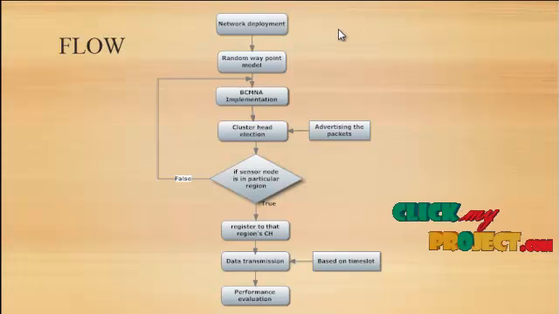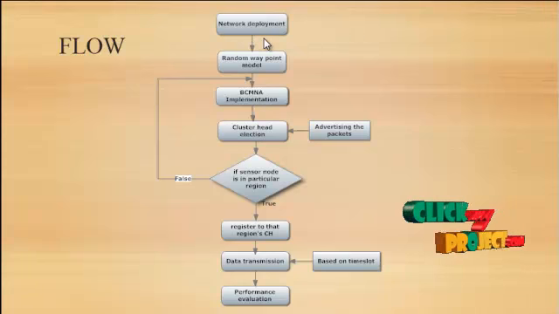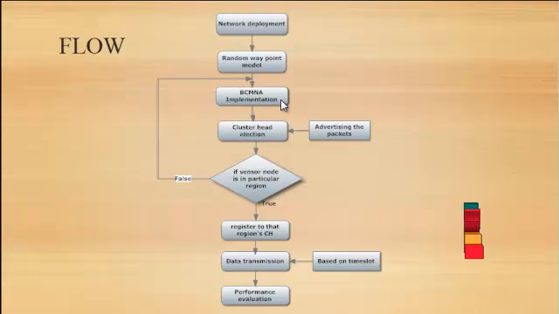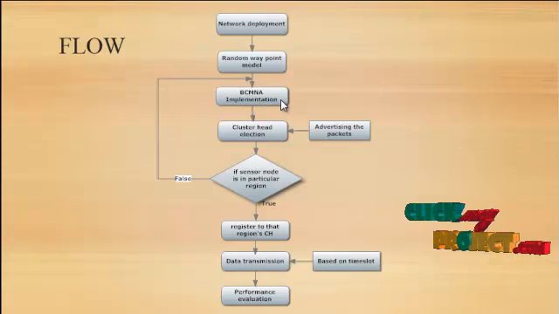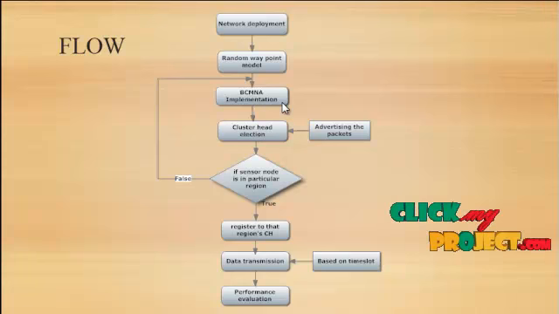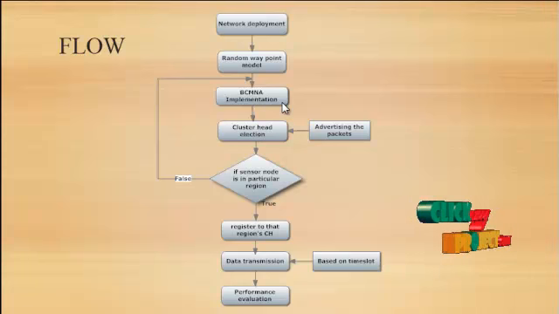First, network deployment is done. Then we have to select the random waypoint model for mobility, and we have to implement the BCMNA protocol, that is our multiple negative acknowledgement and acknowledgement protocol. From that we have to select our cluster head. It is selected based upon the energy.